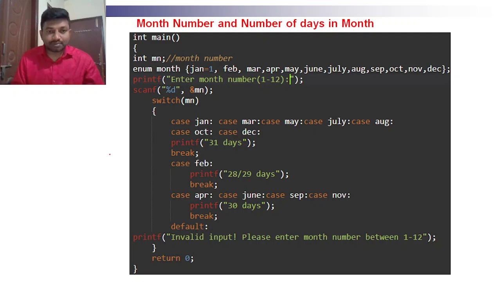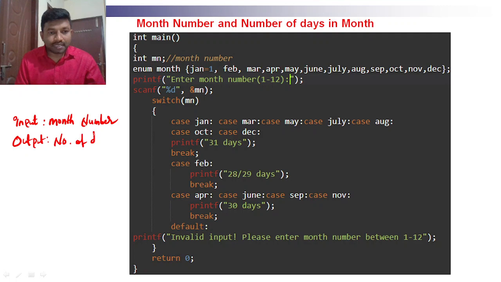In fact, the objective of this program is, if I enter the month number, the input for the program is month number, and the output should be number of days in the month.